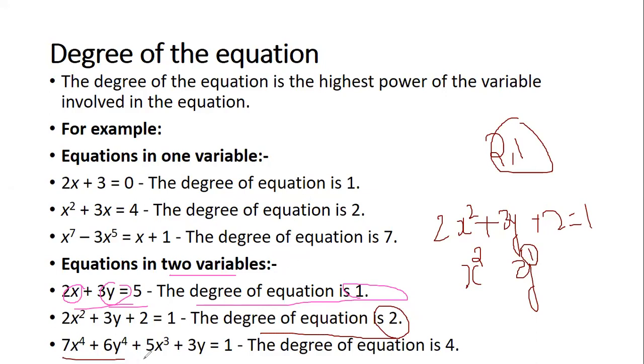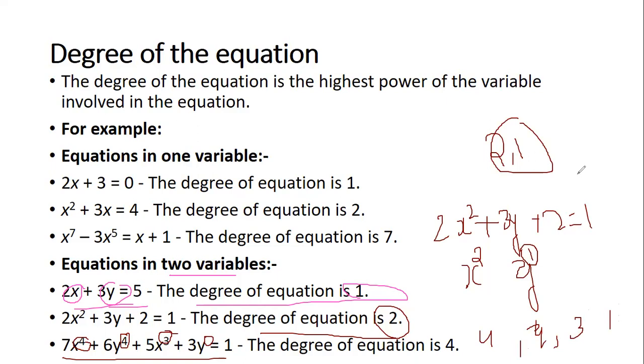Similarly, if you see the last equation, you have x to the power 4, y to the power 4, x to the power 3, y to the power 1. Now out of 4, 4, 3 and 1, which is the highest power? 4.